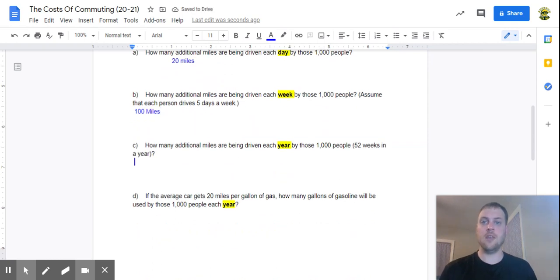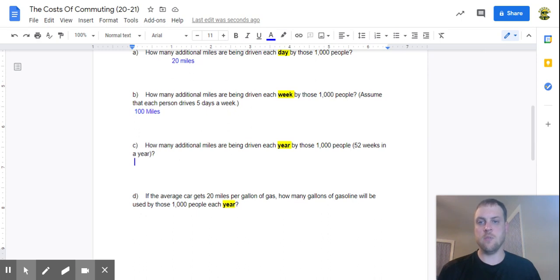Moving right along here to C, it says how many additional miles are being driven each year by those 1,000 people. So it tells you that there are 52 weeks in the year, and we know that they are driving that extra 100 miles per week. So now a little bit more multiplication here.